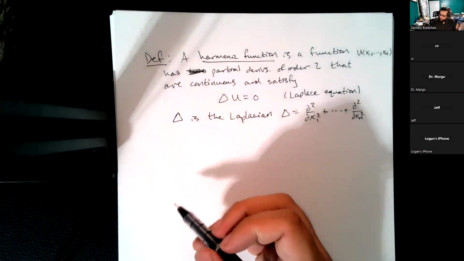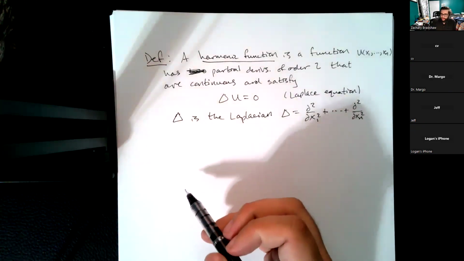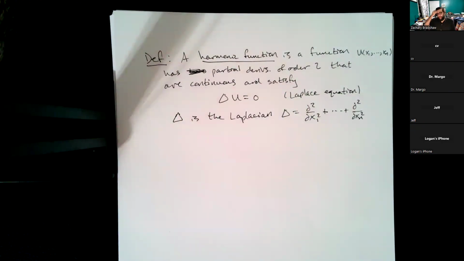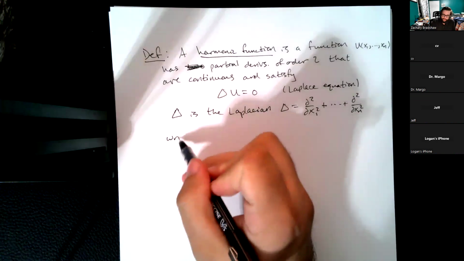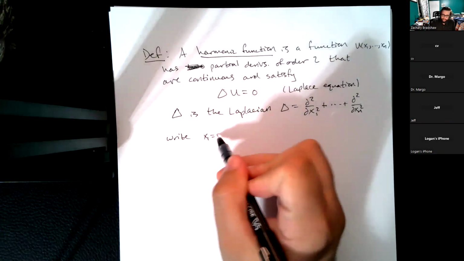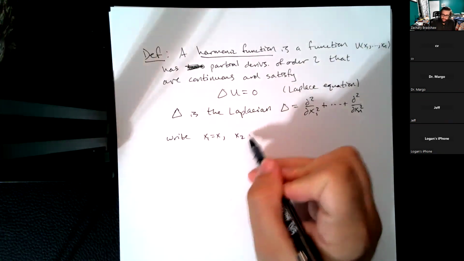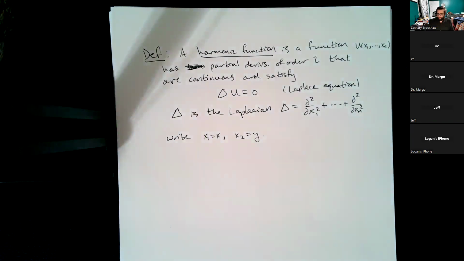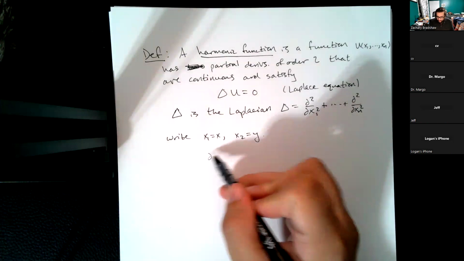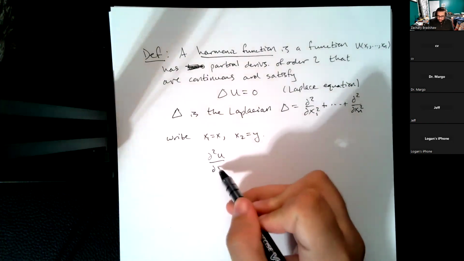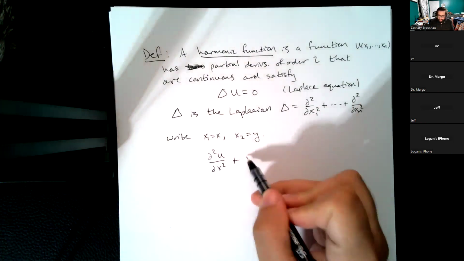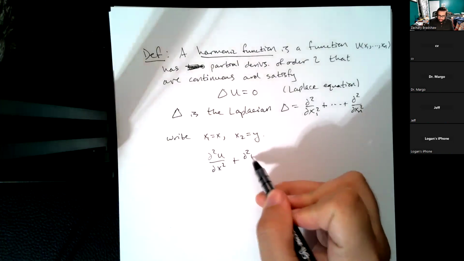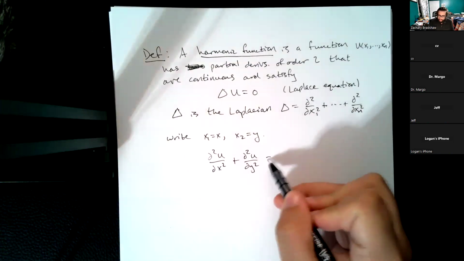Okay, so in today's lecture, we're going to restrain ourselves to n equals 2. And so I'm going to go ahead and just write x1 equals x and x2 equals y. Okay, so then Laplace's equation is going to read d2u by dx2 plus d2u by dy2 is equal to 0.